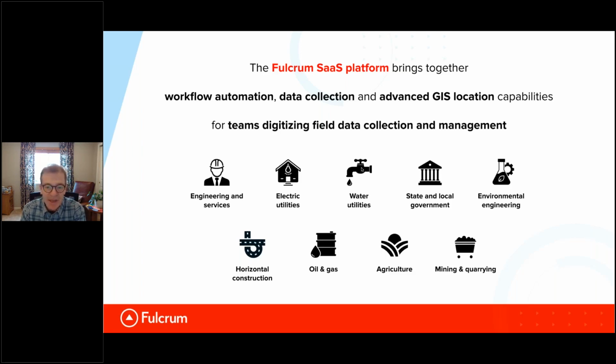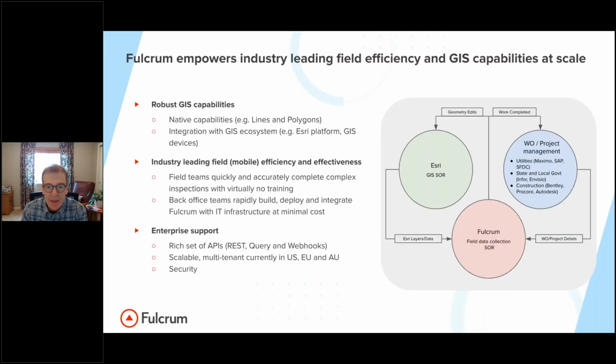How that breaks down in terms of the different capabilities that we're going to deliver in the platform is encompassed in this slide. We're very, very focused on empowering industry-leading field efficiency and GIS capabilities at scale. So the three primary areas of focus for the roadmap and where we're taking the platform are continuing to invest in robust GIS capabilities, industry-leading field mobile efficiency and effectiveness, and enterprise support.